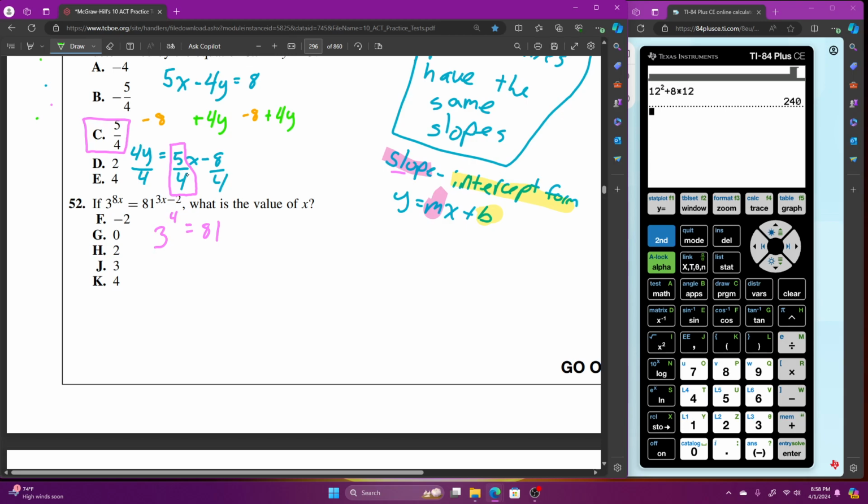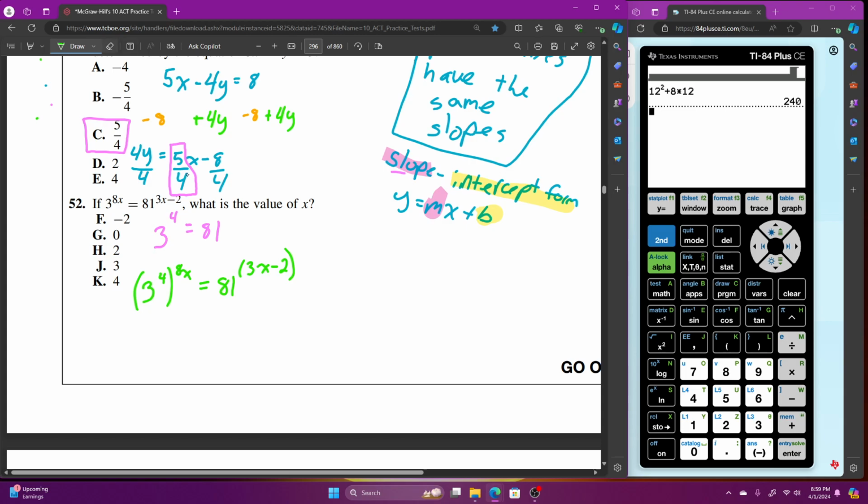Now I can take my 3 to the power of 4 and raise it to the power of 8x and put that as equal to 81 to the power of 3x minus 2. Actually, wait a minute. Why did I put this here?